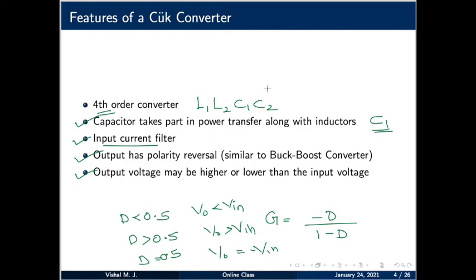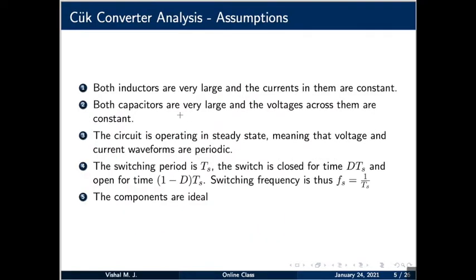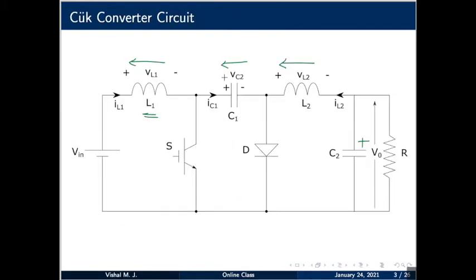Since there are two more storage elements, the calculations become a little more involved. The assumptions are that both the inductors are large and the currents through them are constant. This is an assumption we will revisit later and find that the currents are not constant and definitely have some ripple, but they are still large enough that the current is continuous. Both capacitors are large, so the voltages across them, Vc2 as well as V0, are constant.